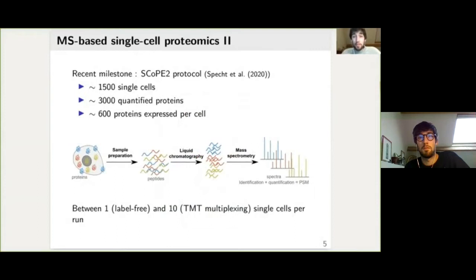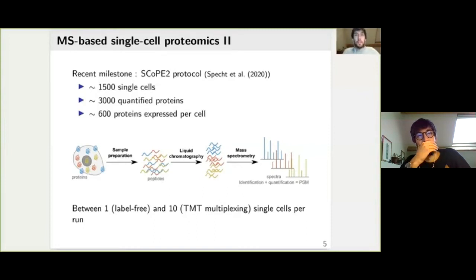This challenge was tackled by different groups, and several amazing developments have emerged in the last three years. Recently, the Slavov lab reached a milestone with their SCoPE2 protocol by sequencing about 1,500 single cells, where they could quantify 3,000 proteins with an average of 600 proteins per cell.